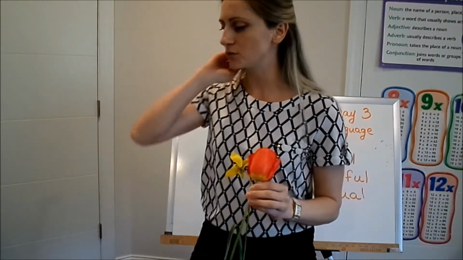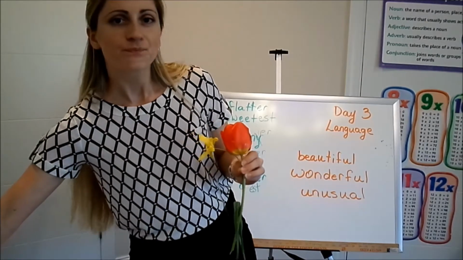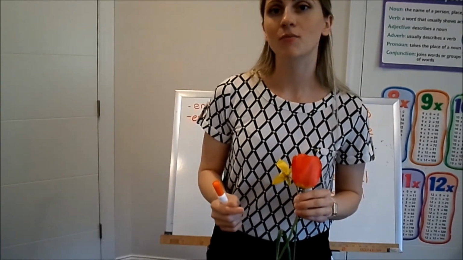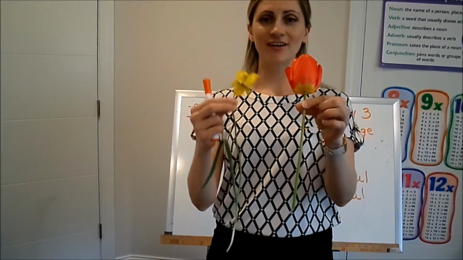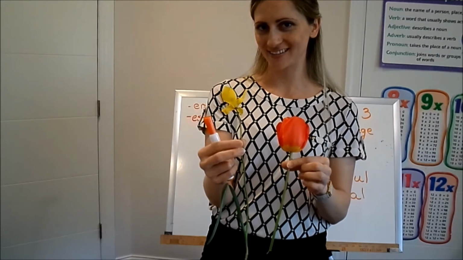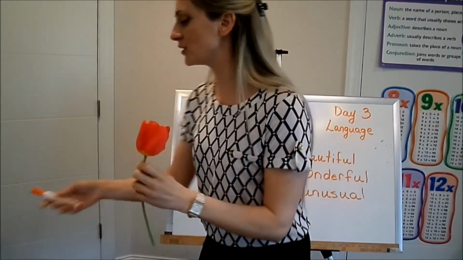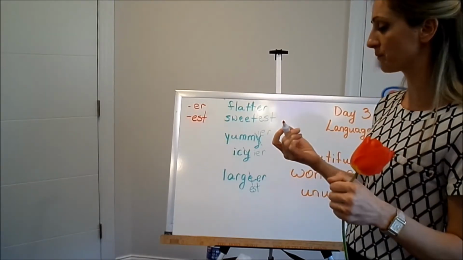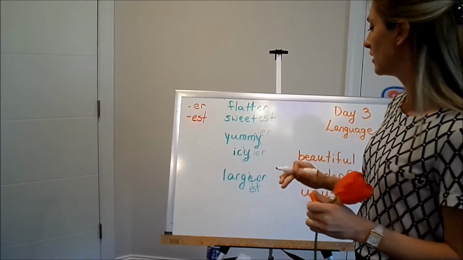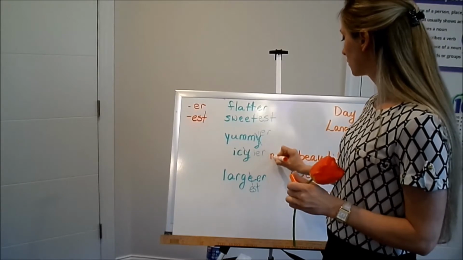I would use the word more. Think about it. This flower is more beautiful than this one. Okay? So that's what we use sometimes when we want to change the adjective describing a noun. We can use the word more.